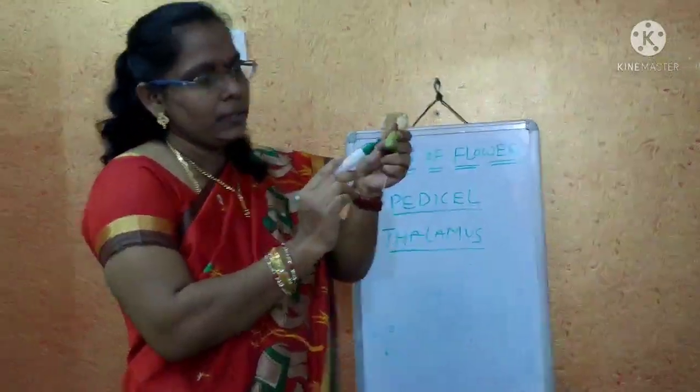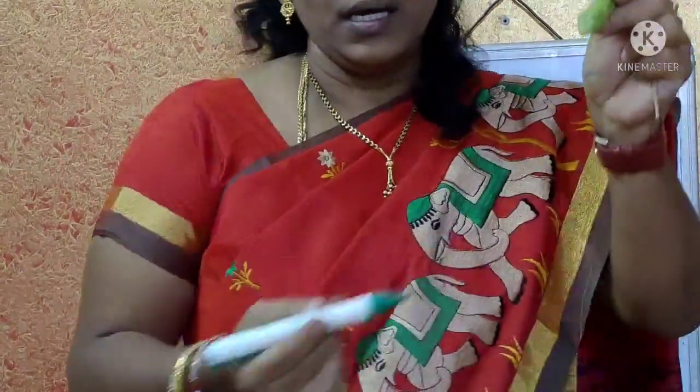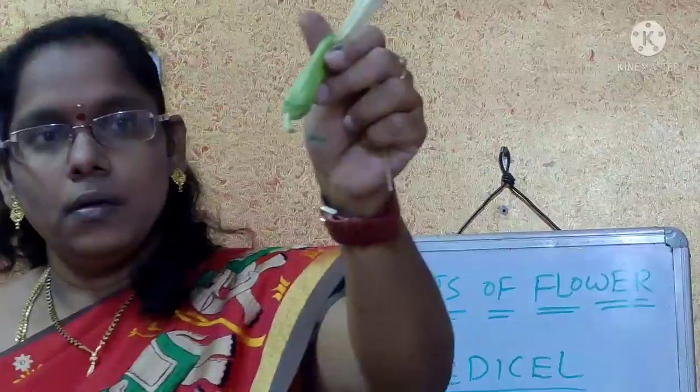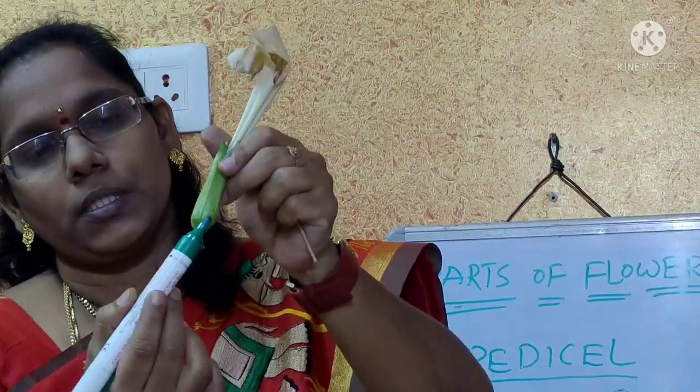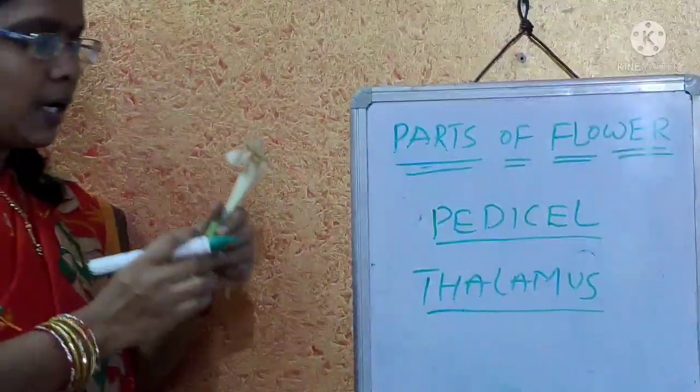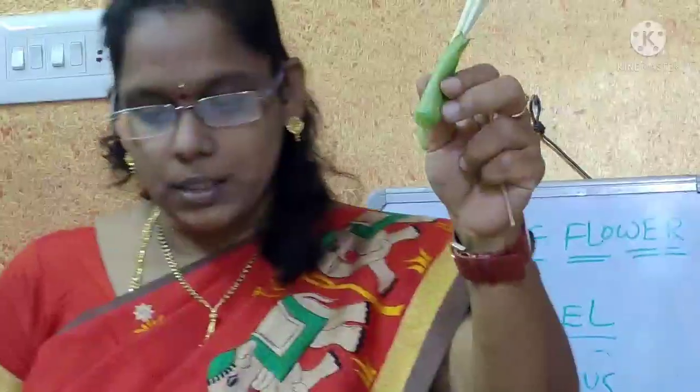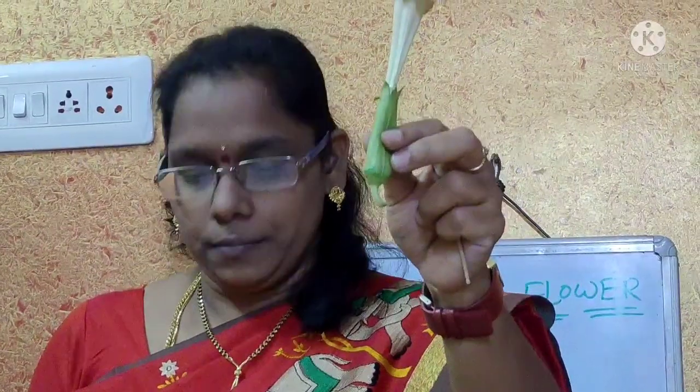This is the thalamus. Floral parts are arranged on the thalamus. Okay, children.